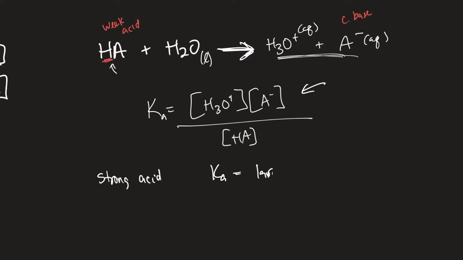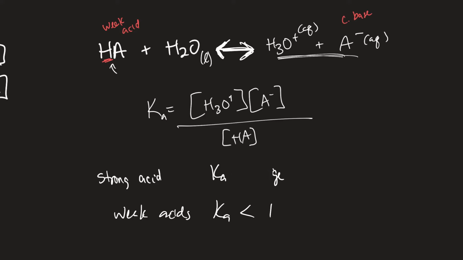Now weak acids typically exist in equilibrium, and how weak the acid is depends on the strength of the conjugate base. Typically what we find is that weak acids have Ka values that are less than 1.